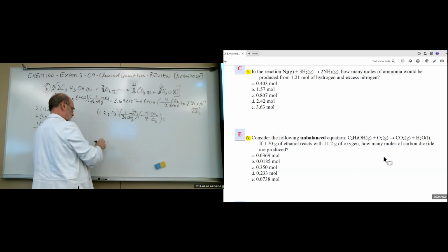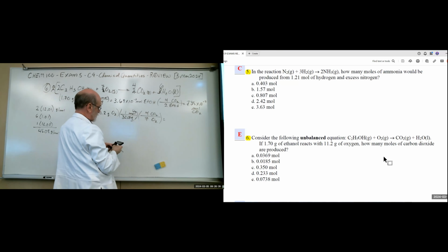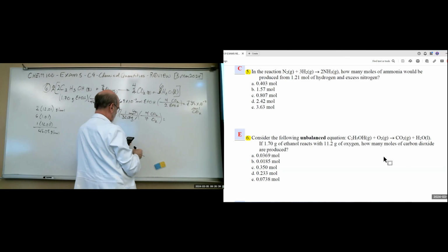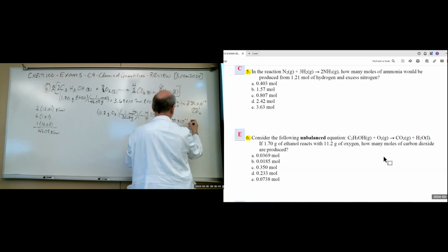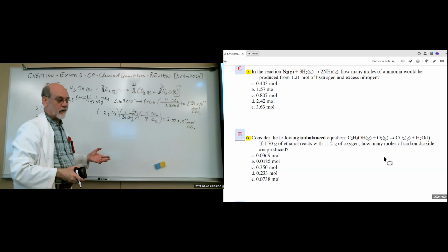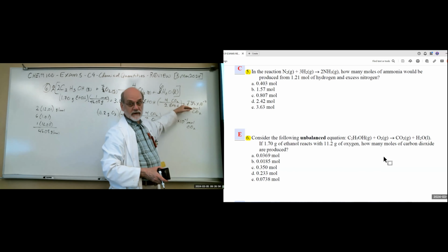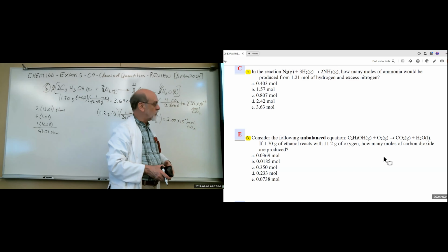So if I say 11.2 times 4 divided by 32 and then divided by 7, I get 2.00 times 10 to the minus 1 moles of CO2. All right, which one's bigger? This one's bigger. This one then is the limiting one. This is the true value of carbon dioxide produced, that many moles.